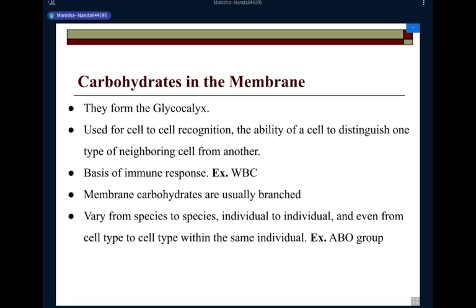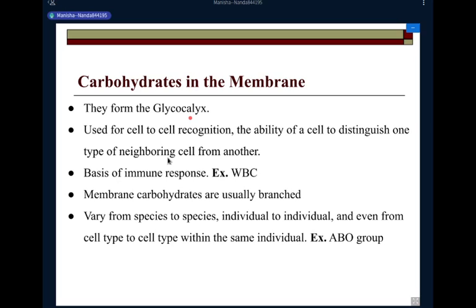Okay, let's move ahead. Now we have to talk of the last component, that is the carbohydrates that are present in the membrane. So the carbohydrates actually form the glycocalyx, right? I've told you that the carbohydrates are always present on the extracellular side of the membrane.